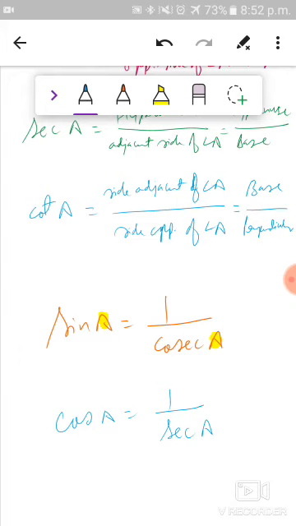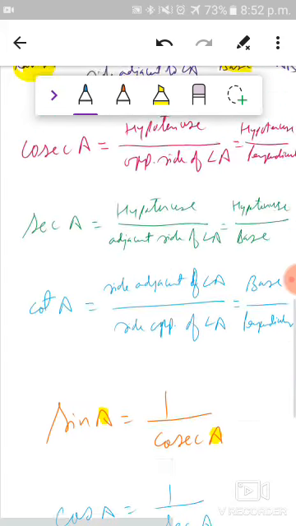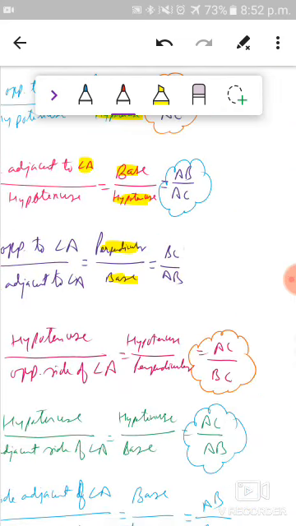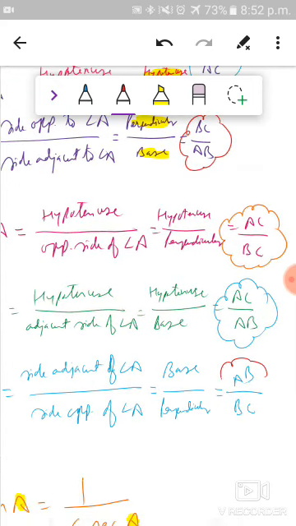Then you see this is BC by AB and this is AB by BC, reciprocals of each other.